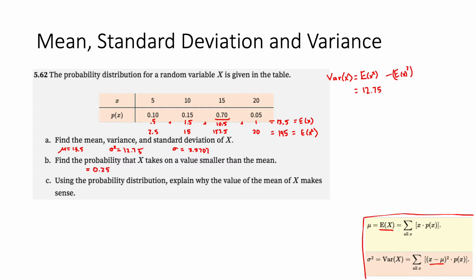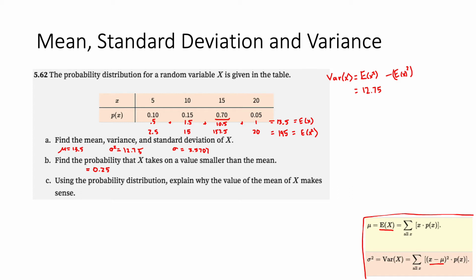Okay. Using the probability distribution, explain why the value of the mean of x makes sense. This touches on what I was talking about earlier. The value of the mean is going to be skewed towards 15 because that is the most frequently occurring number.